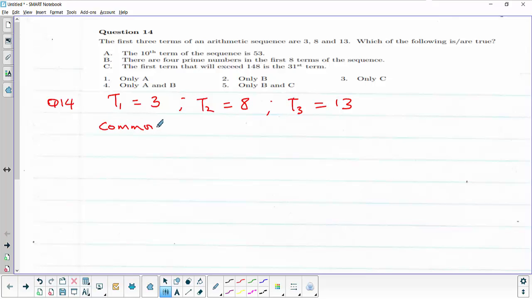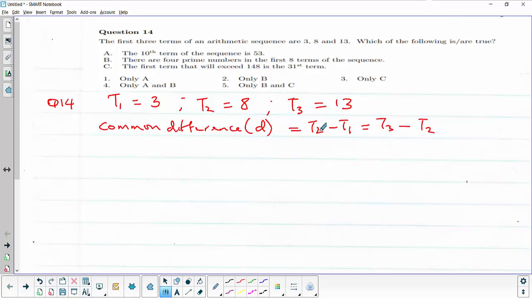Common difference, which is denoted by D. In order to know the common difference, it is going to be T2 minus T1 equal to T3 minus T2.